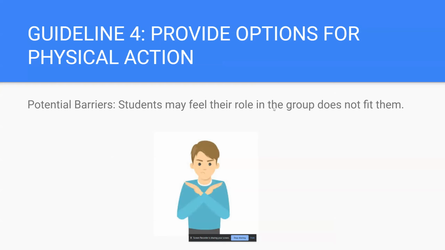Guideline number 4, providing options for physical actions. I felt that the biggest barrier here was students might not feel like their role in a group fits them. The students are being assigned the roles, and I feel like there needs to be more options in that decision-making process. Maybe giving students the opportunity to practice each role.